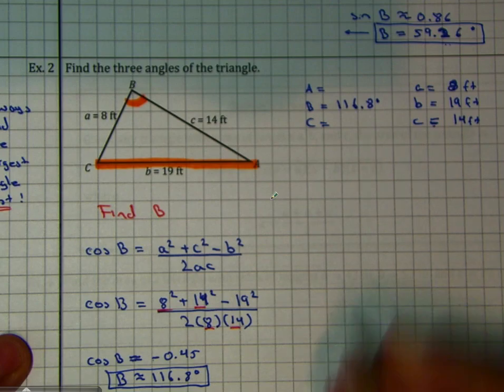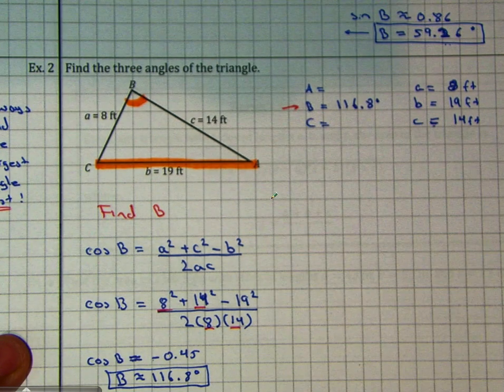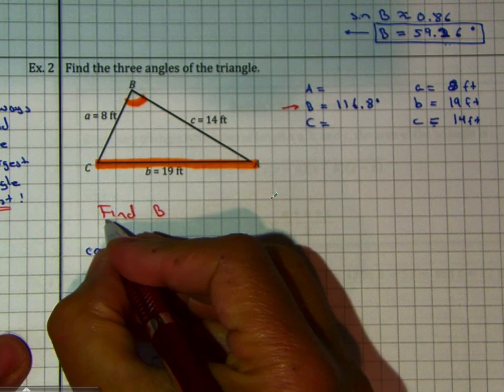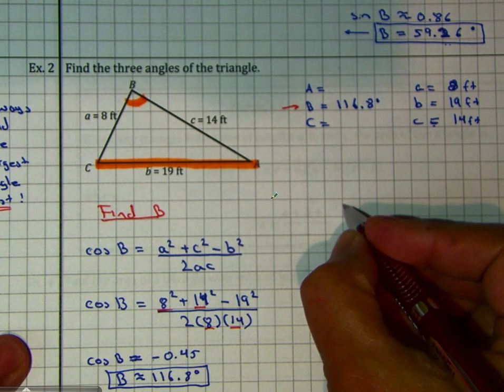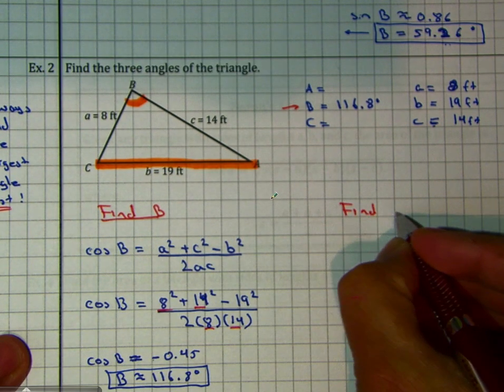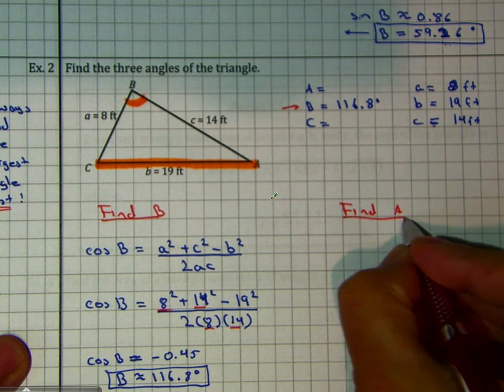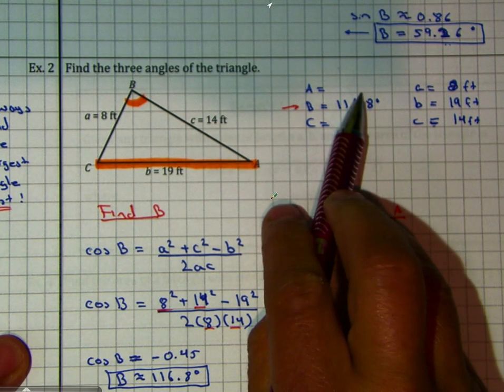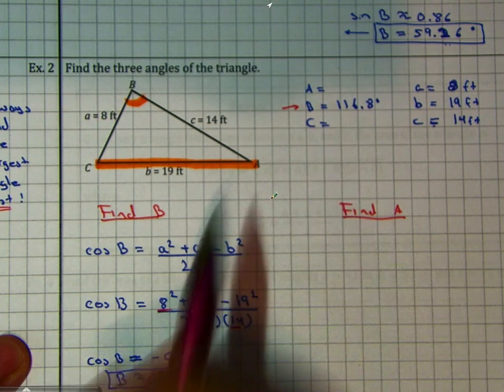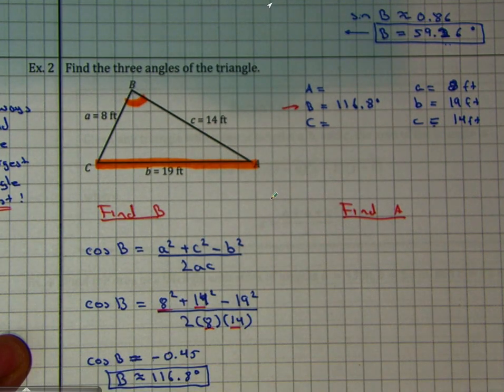But if you find the largest angle first, then once we find angle A, we know it has to be less than 90 degrees, because otherwise it'll be too big for a triangle. So therefore you have a choice.